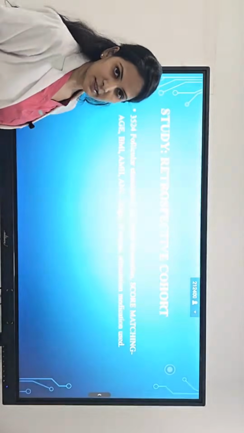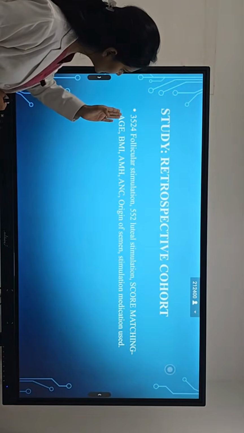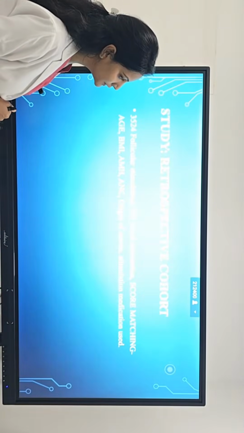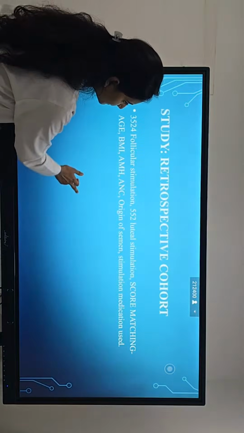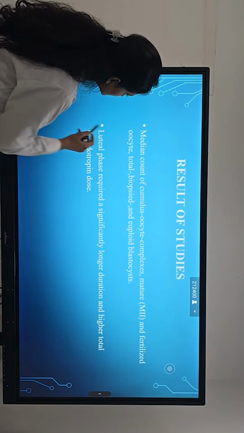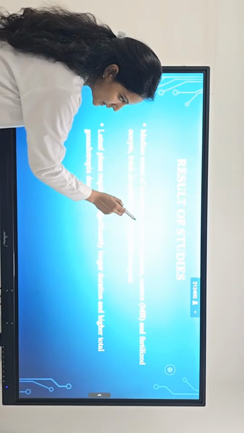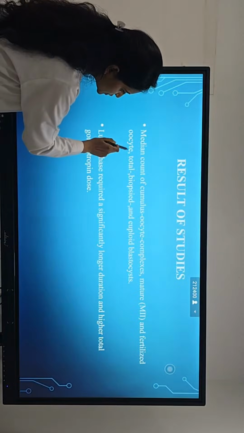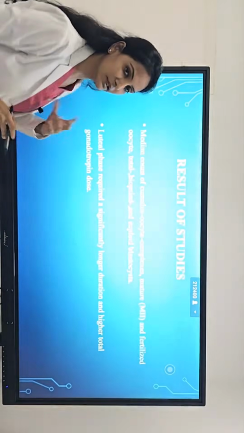For this, in this article, they did a retrospective cohort study. They did 3,525 follicular stimulations and 552 luteal stimulations, and they compared these. The result we get is that the median count of cumulus oocyte complexes, mature M2 oocytes, fertilized oocytes, total biopsied and euploid blastocysts are the same.